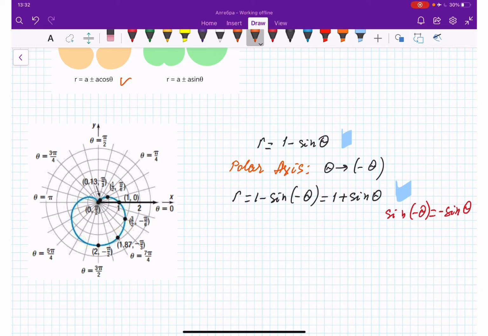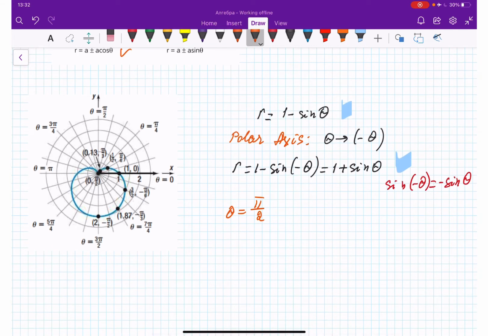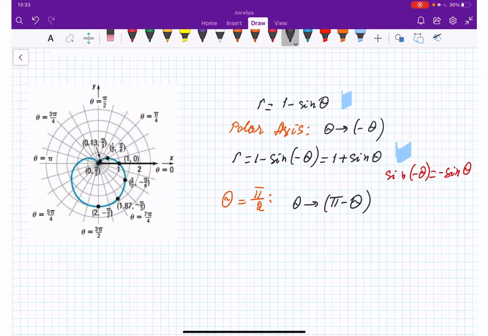Let's test the next one, the line theta equals half pi. So this is theta, half pi. We are going to replace theta with pi minus theta. The result is going to be r equals 1 minus sine of pi minus theta.